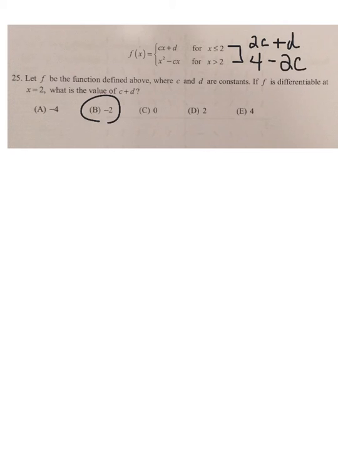Okay, so I'm going to write this down. I know if a function is continuous, that those two values then have to be equal to each other, right? Okay, so I'm going to move that 2c over, so that's going to give me 4c. And I'm going to move the d over, and that's going to give me 4 minus d, right? 4 minus d.